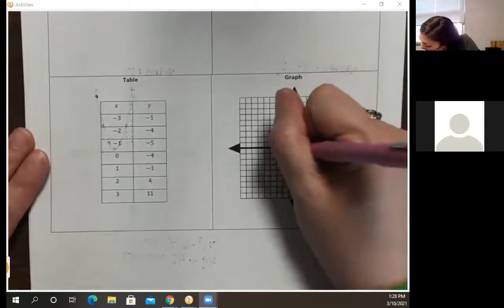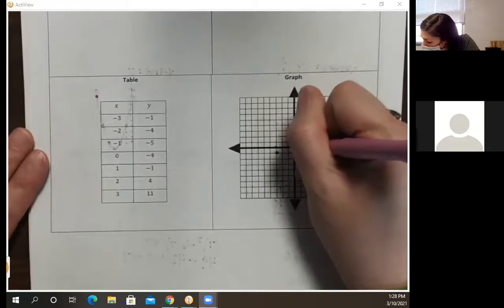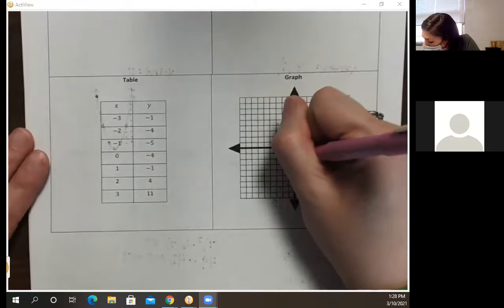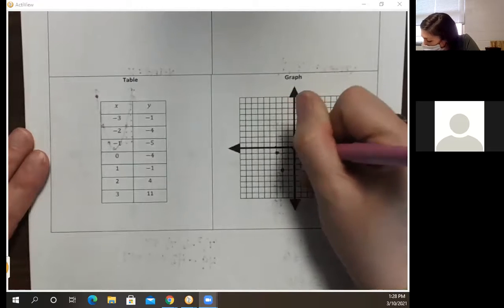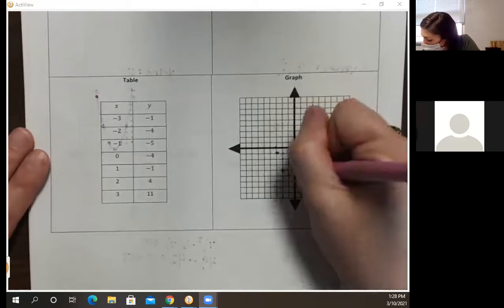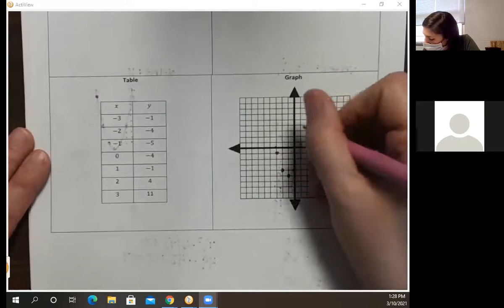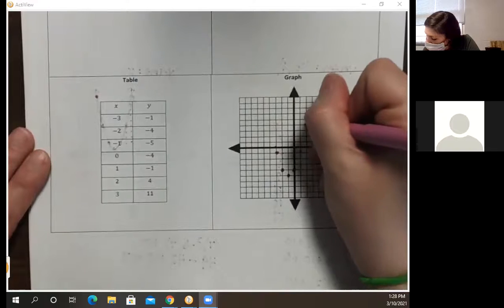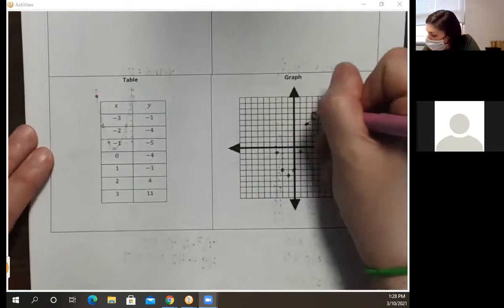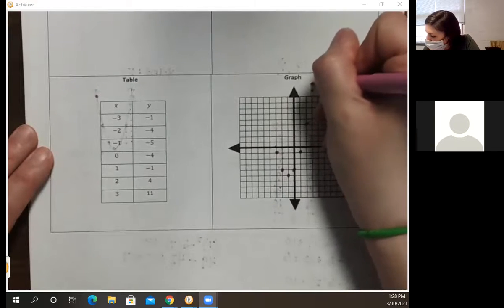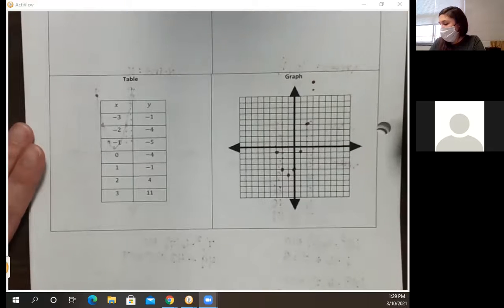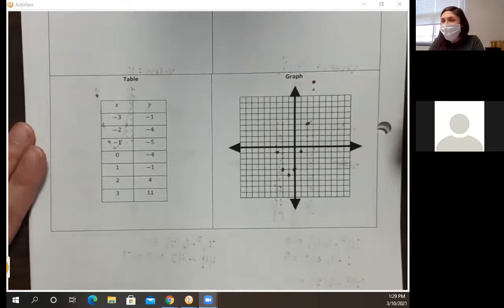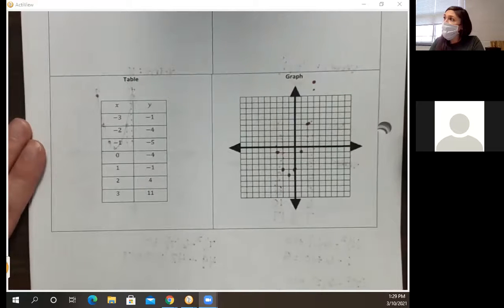Now, the math teacher nerd in me really wants my points to be symmetric on this graph.